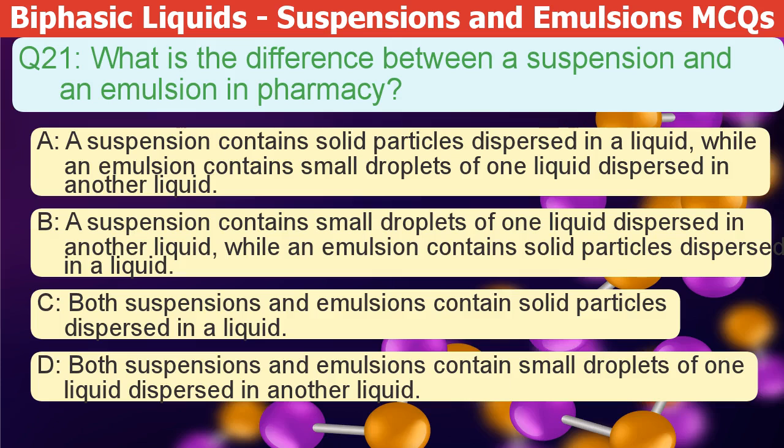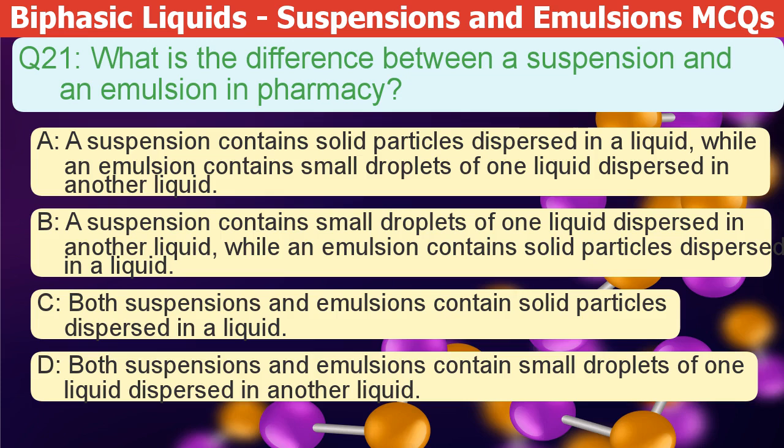What is the difference between a suspension and an emulsion in pharmacy? A. A suspension contains solid particles dispersed in a liquid, while an emulsion contains small droplets of one liquid dispersed in another liquid. B. A suspension contains small droplets of one liquid dispersed in another liquid, while an emulsion contains solid particles dispersed in a liquid.